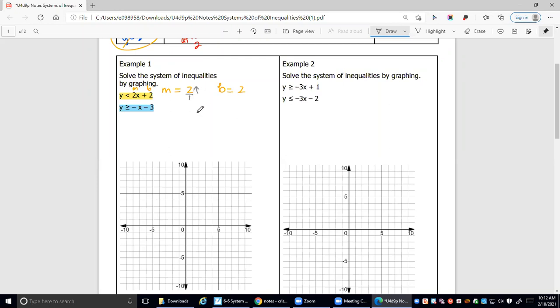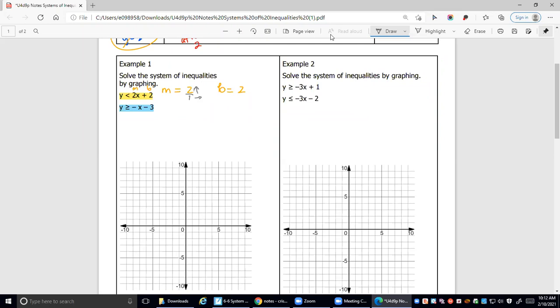And then on the bottom, it is always to the right. The only time that it changes is if you have a negative slope, like this one, you're going to go down. Other than that, you always go to the right, unless you're doing it in complete reverse.